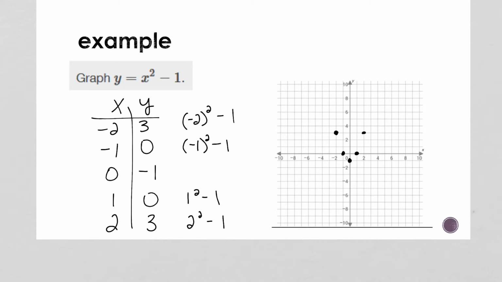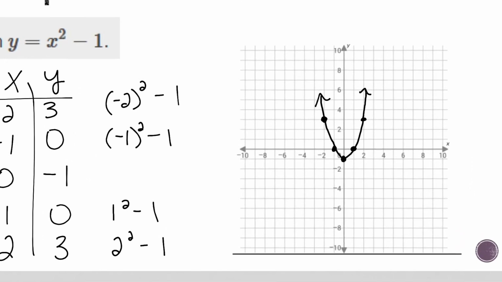It kind of looks like it goes into a V, but it will not be a sharp V. It'll be a very rounded V or a U. The other thing I want to make sure you do is put arrows at the ends. This continues going up and up forever. So make sure you use arrows on the ends of your shapes.